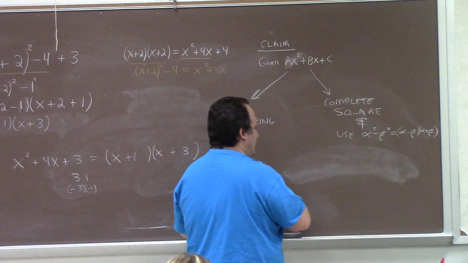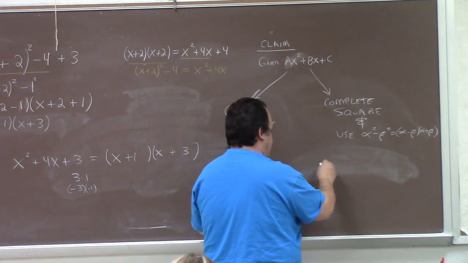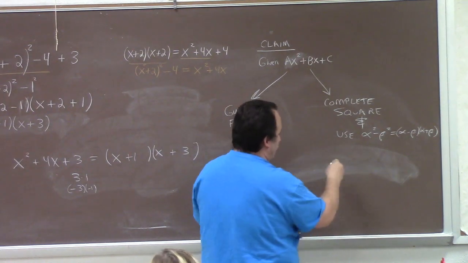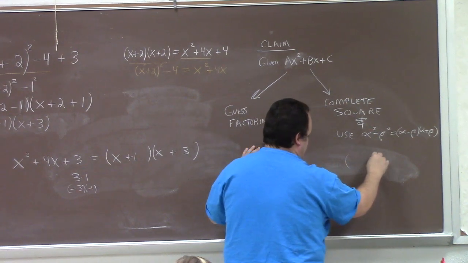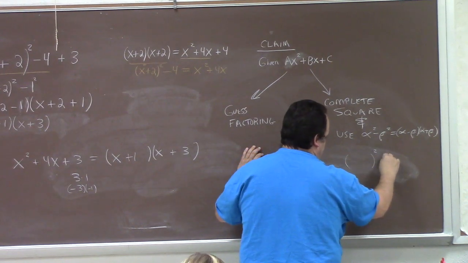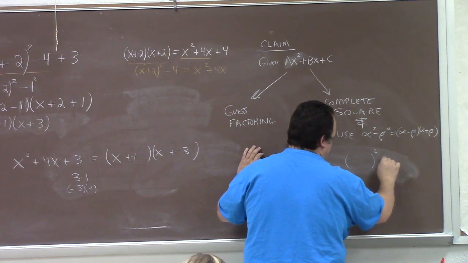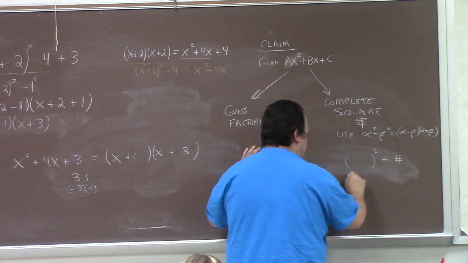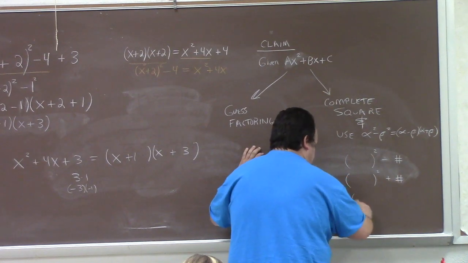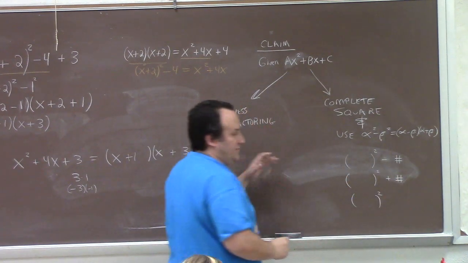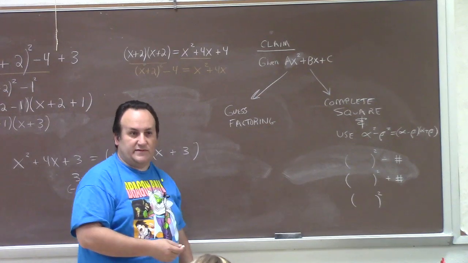We're either going to get something squared minus a number, something squared plus a number, or you just get something squared. These are the 3 patterns that can happen when completing the square.